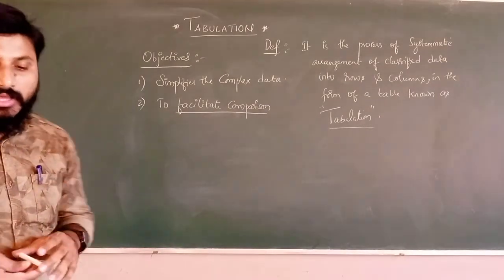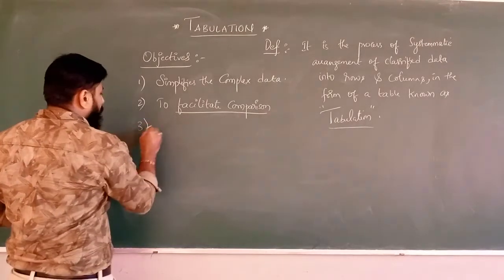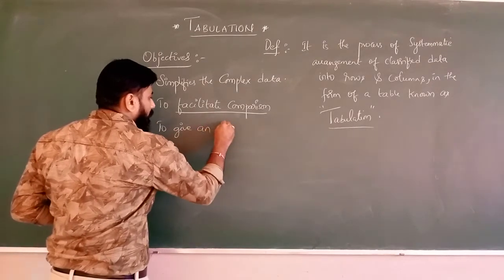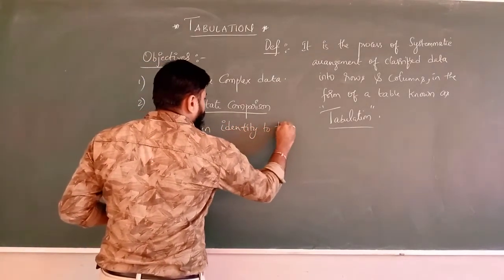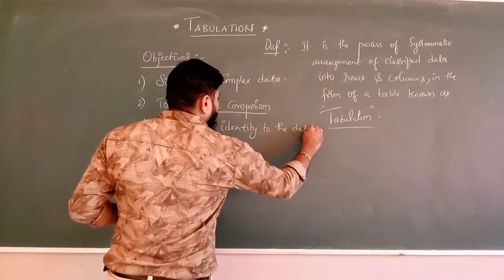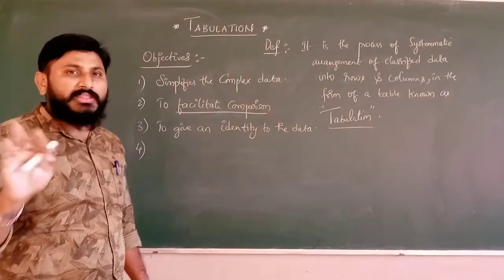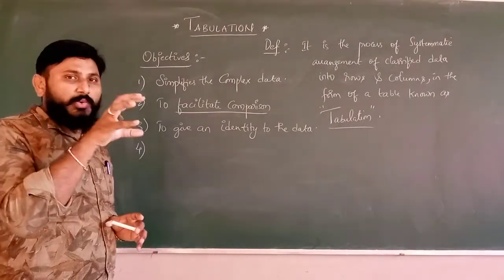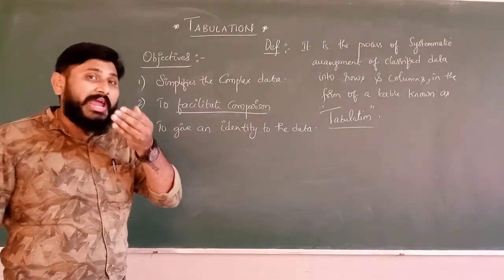Next one is identity of the data, to give an identity to the data. See, for this point, any movie without a title, nobody will watch, right? So that exact story after title is required. Remember, that gives an identity also.